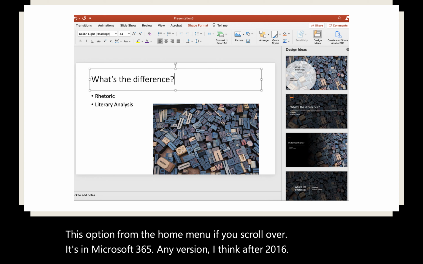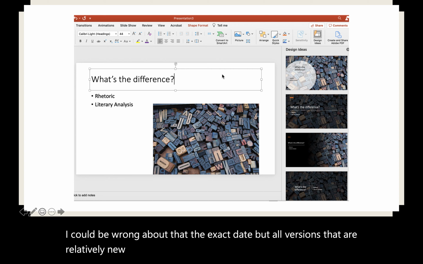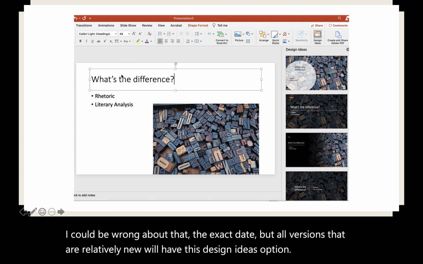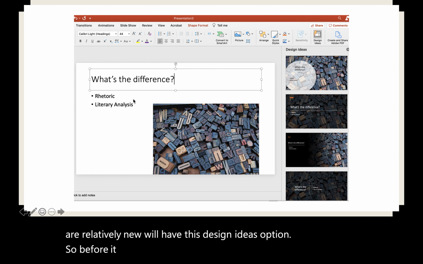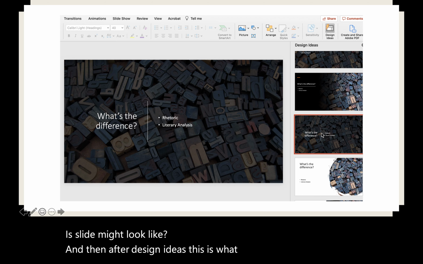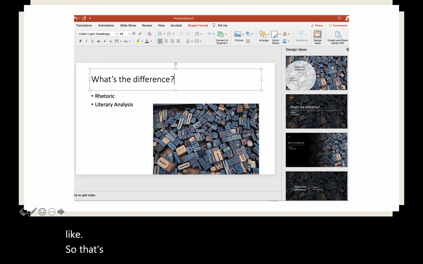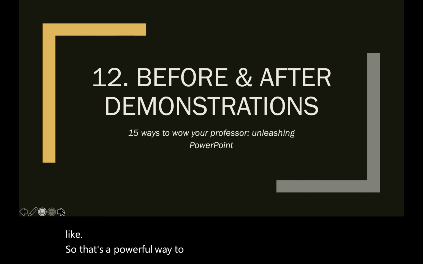I could be wrong about that, the exact date, but all versions that are relatively new will have this design ideas option. So before design ideas, this is what a slide might look like. And then after design ideas, this is what a slide might look like. So that's a powerful way to illustrate before and after.